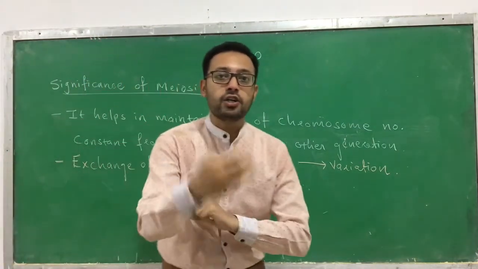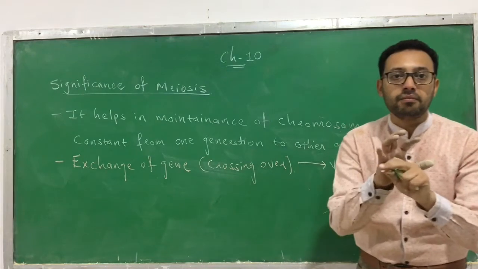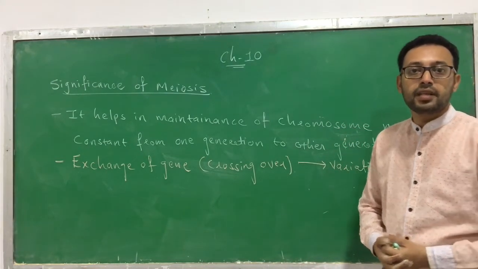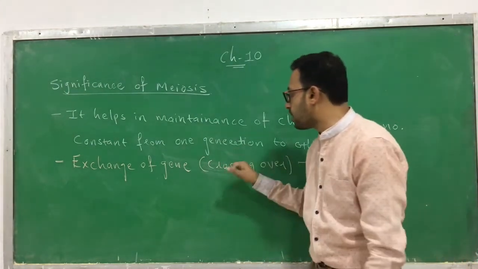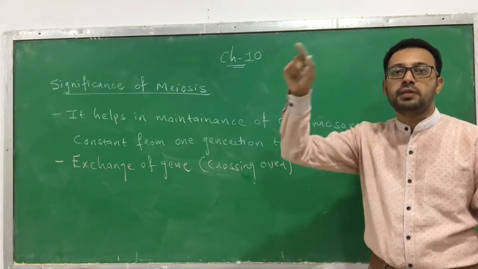Like you and your parents are not exactly the same. There are some variations, though you are produced from your parents. This variation is due to crossing over, or the exchange of genes, which is only possible in meiosis.